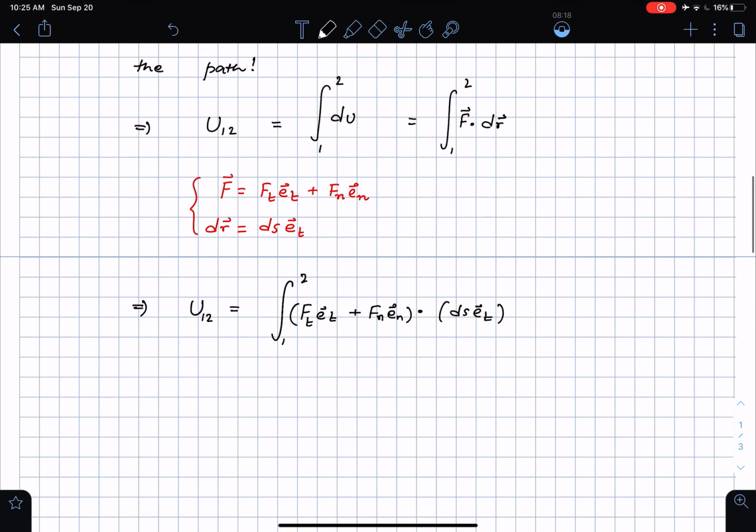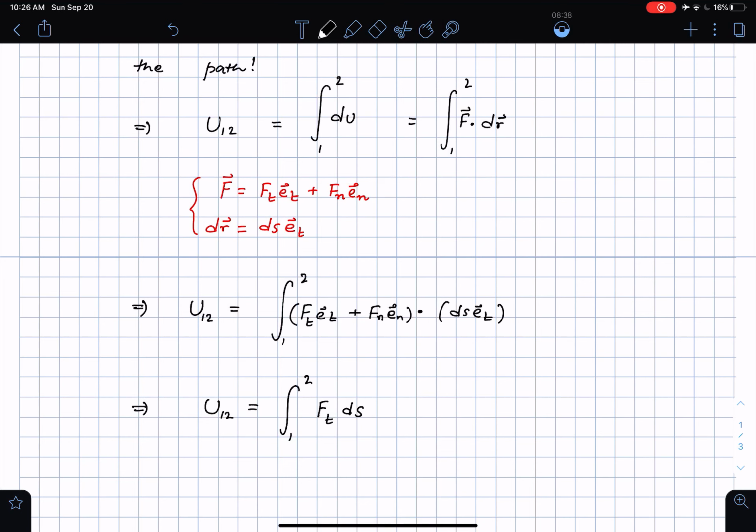The dot product of two vectors in orthogonal directions is 0, which tells me that U12 is nothing but the integral from 1 to 2 of Ft times ds. This is a fairly powerful statement of the work principle, the work concept. We have not come to the theorem yet.